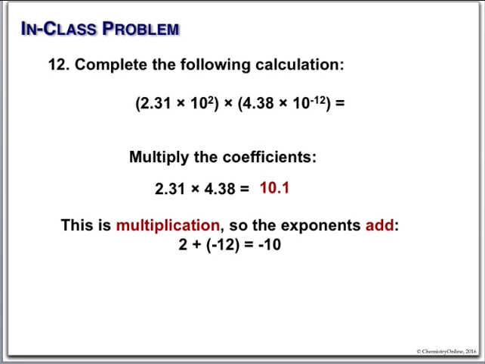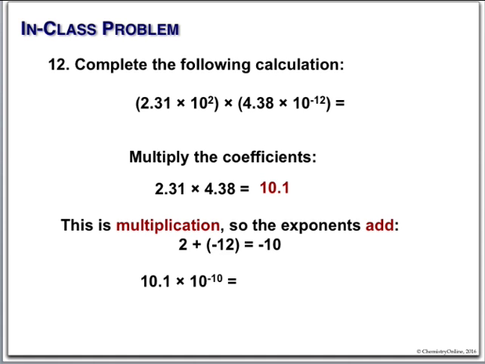So at this point, we can write our answer. We simply take our coefficients, 10.1, and our exponent minus 10, and we can write that. But we look at that and say, wait a minute. We want our decimal point to be here, in between the first 1 and 0, between the first 2 digits.